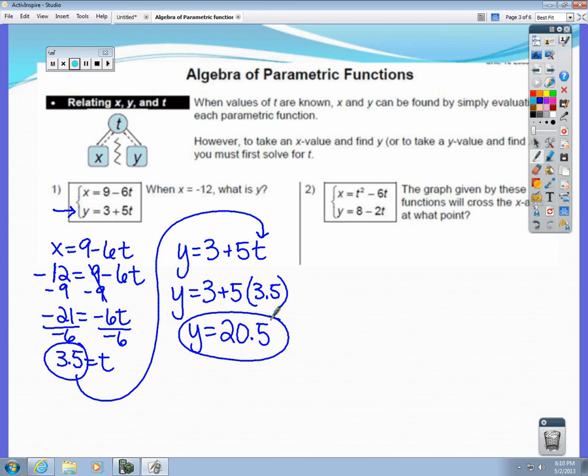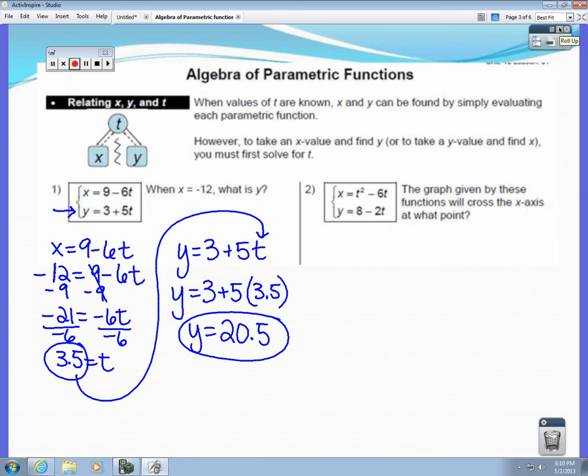Okay, now on number 2, they didn't exactly tell you a number, but they gave you some hints as to what to use to substitute in, because they're asking where the function will cross the x-axis. Well, we call that point the x-intercept. So if my function is crossing the x-axis, then I've got some number for x that I'm trying to find, but my y value has to be 0 if the point is on the x-axis.